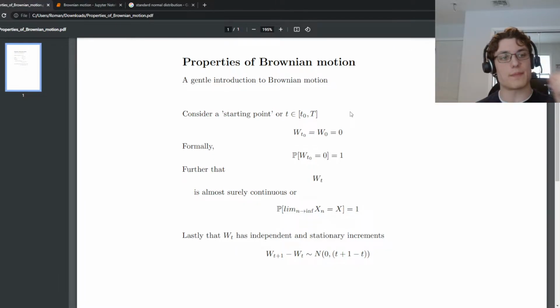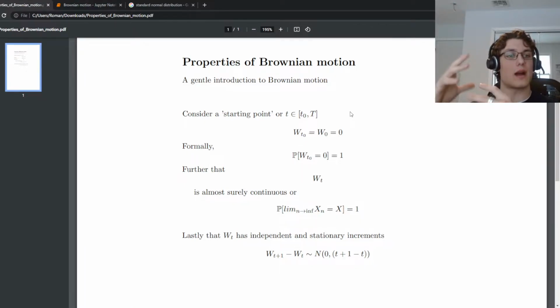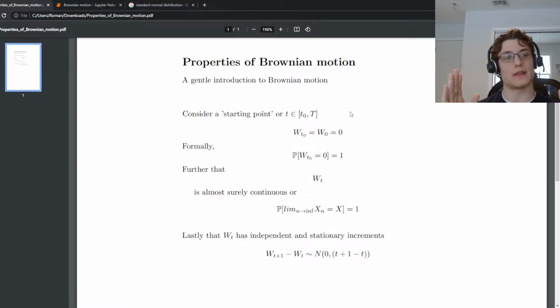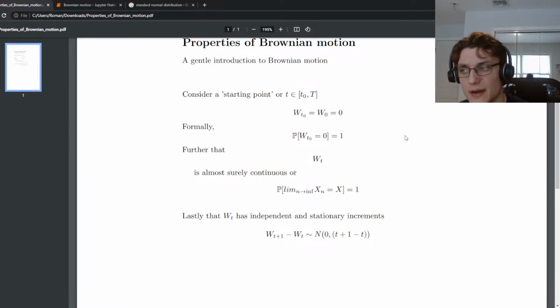Now, at each step in time, so each day, we are going to match that day with a realization of Brownian motion, meaning the y-axis is going to be a process. It's going to be this Brownian motion. So we'll have a point here on day zero, move to the next day, that point may be here, move to the next day, that point may be here. And over the course of 5 days, we're going to have time on the x-axis and then 5 points in a two-dimensional space. Okay, so what's the first property of Brownian motion?